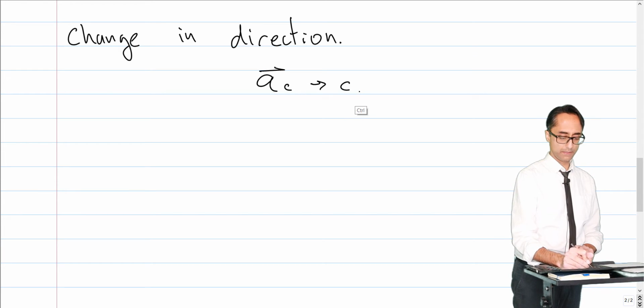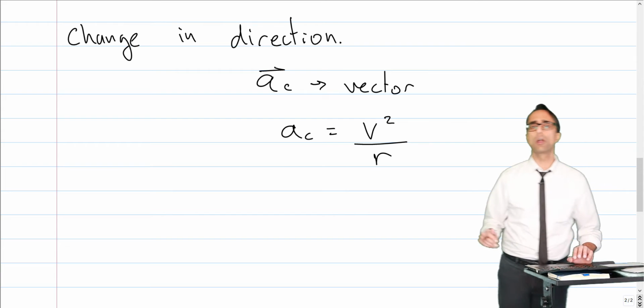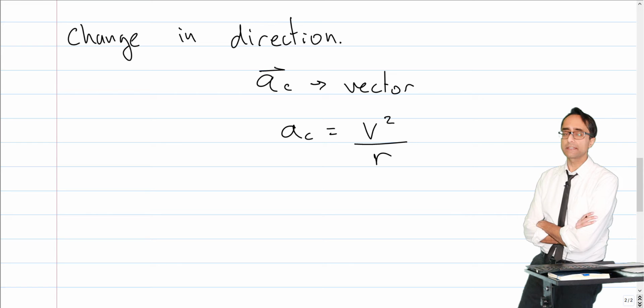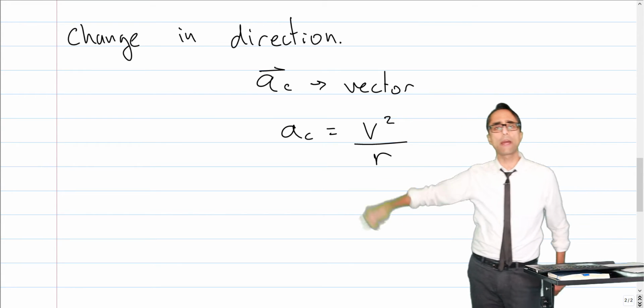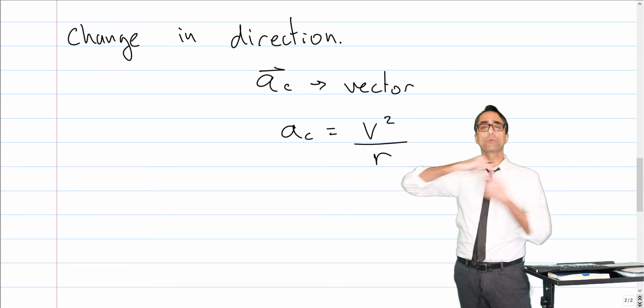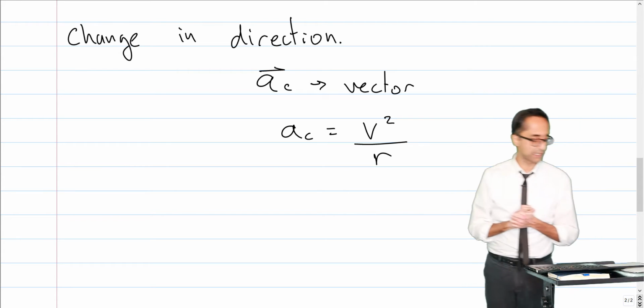And the formula is centripetal acceleration equals velocity squared divided by r. That's it. As simple as that. That centripetal acceleration equals whatever velocity we're going around in a circle with, squared, divided by the radius of that circle. And that will give us the centripetal acceleration.